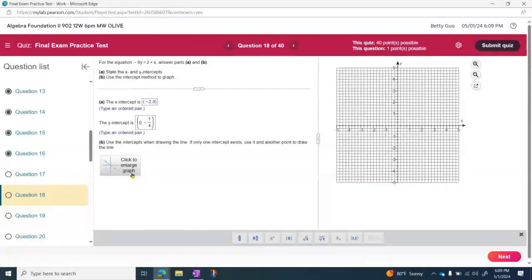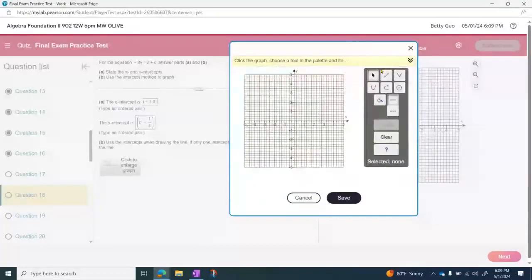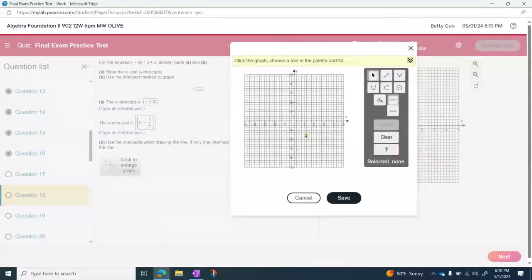And we have those two intercepts found, and we are going to use the two intercepts to graph the line. It's so tiny. Let's see, can I make it bigger? Click the graph, choose a tool in the palette, and follow the instruction. Okay, so I'll just stress my eyes for this.